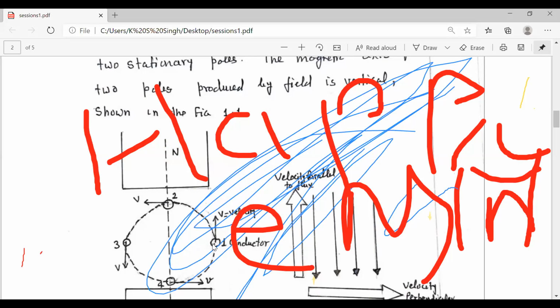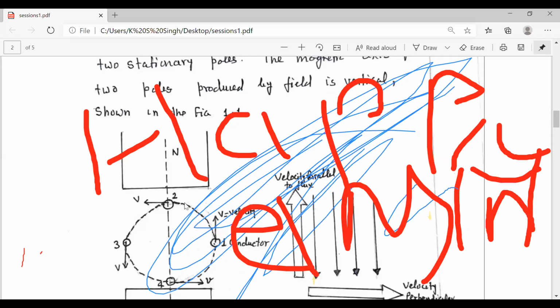When it is moving from position 1 to 2, the velocity has one component parallel to the flux and another perpendicular to it. So some flux is cut by the conductor and voltage is induced.